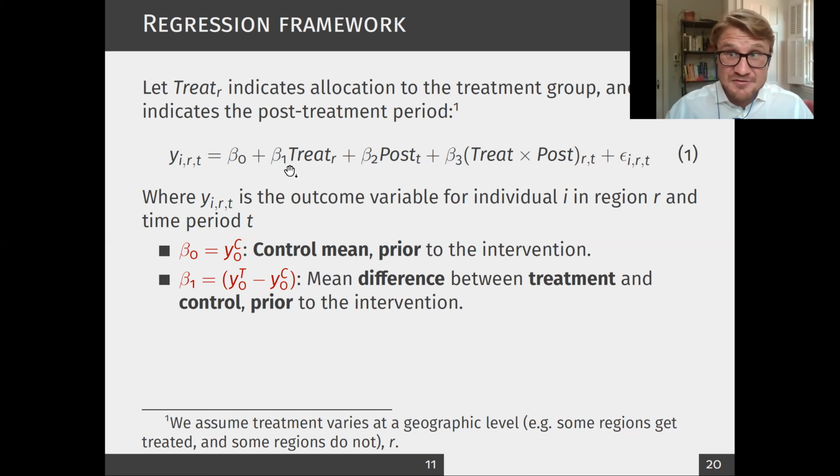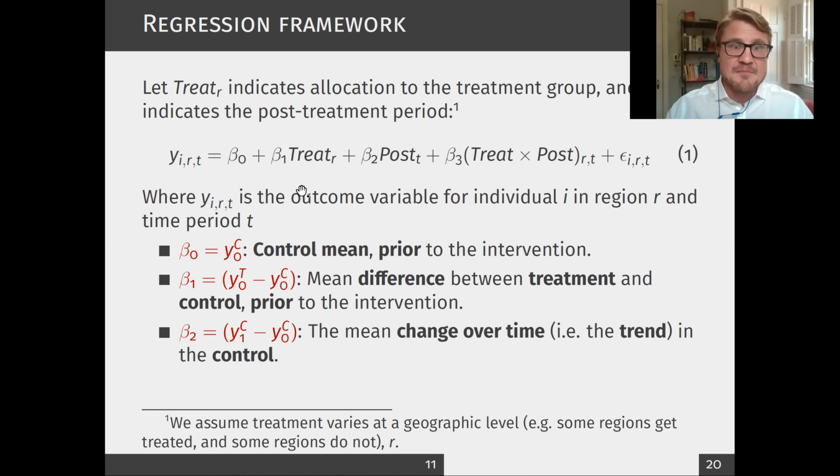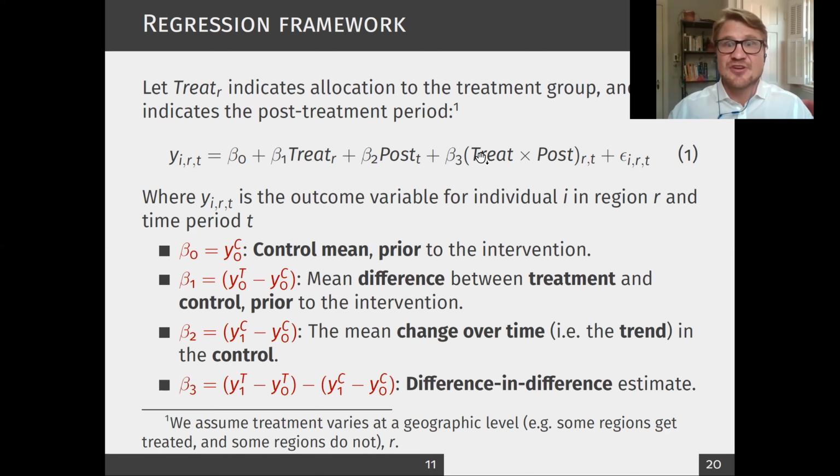Beta 1 is the difference between treatment and control in the pre-period. Beta 2 here is the change over time when treat equals 0, so the change over time for the control group. And beta 3 is our difference in difference estimate.